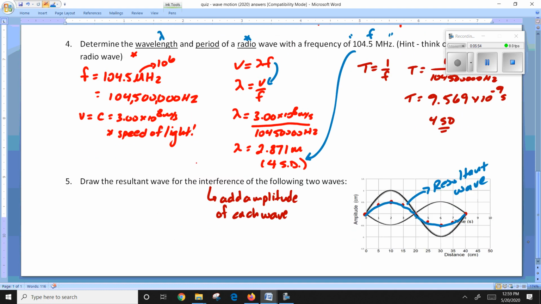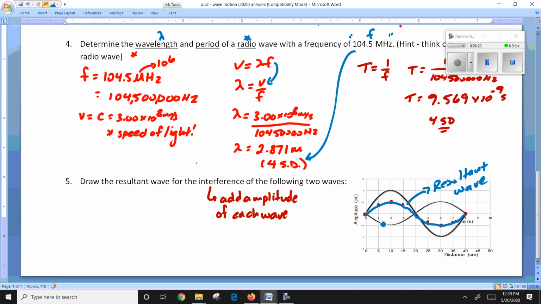And the last one, we had this, you have to show me the resultant wave for the interference of these two waves. When they interfere, we saw this, the waves interfere, and what happens is the amplitudes add up. So I'm just going to be adding the amplitudes for each section. So here, both of them are at 0. This higher one is going to be, where is it here?